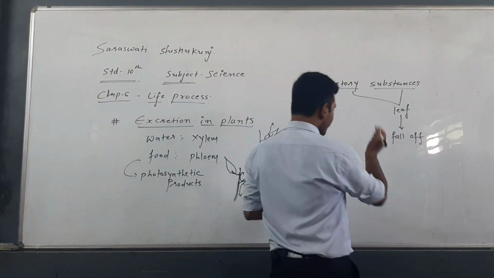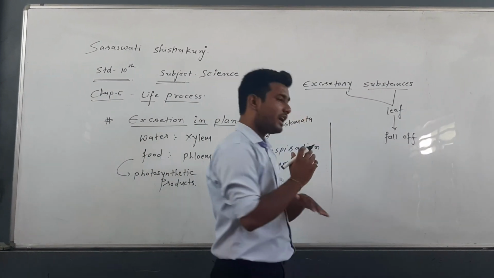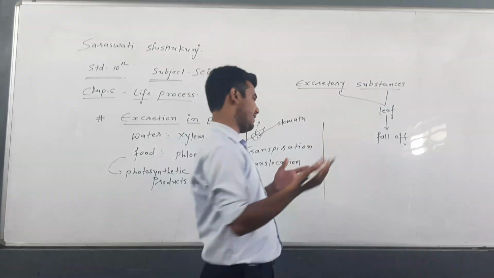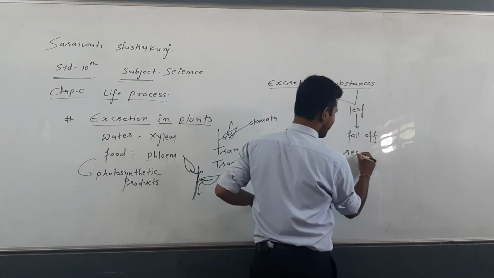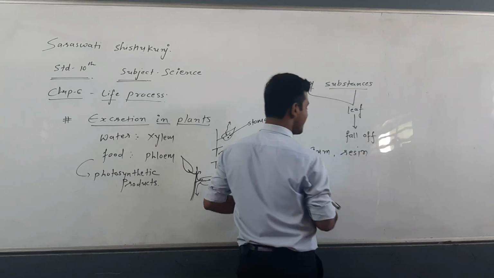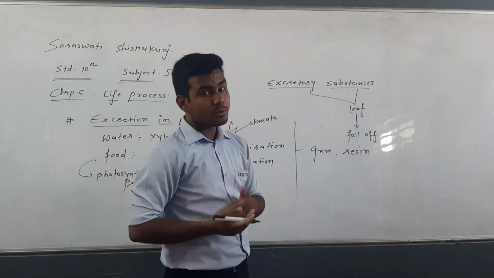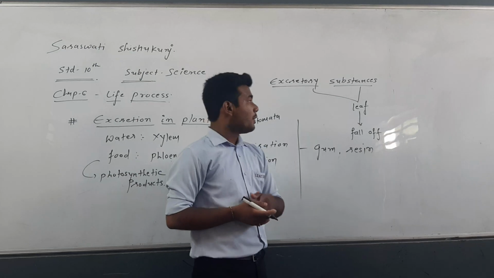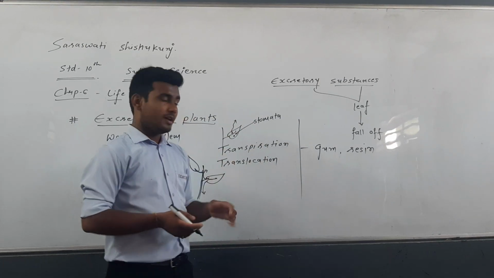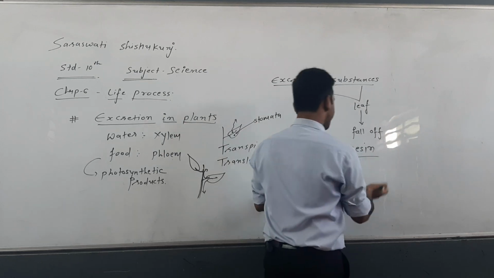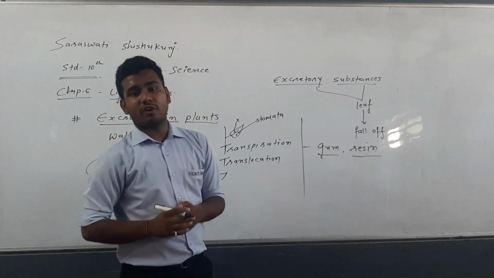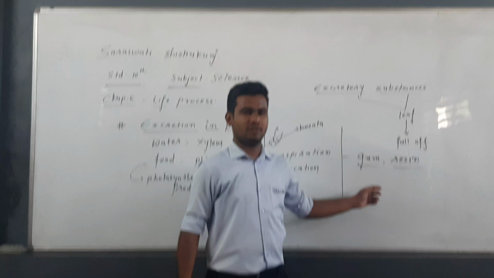Also, we have seen other byproducts of excretion, such as gum and resin. These gums and resins are also excretory substances produced in plants, but we, as intelligent creatures, use gum and resin for different purposes.